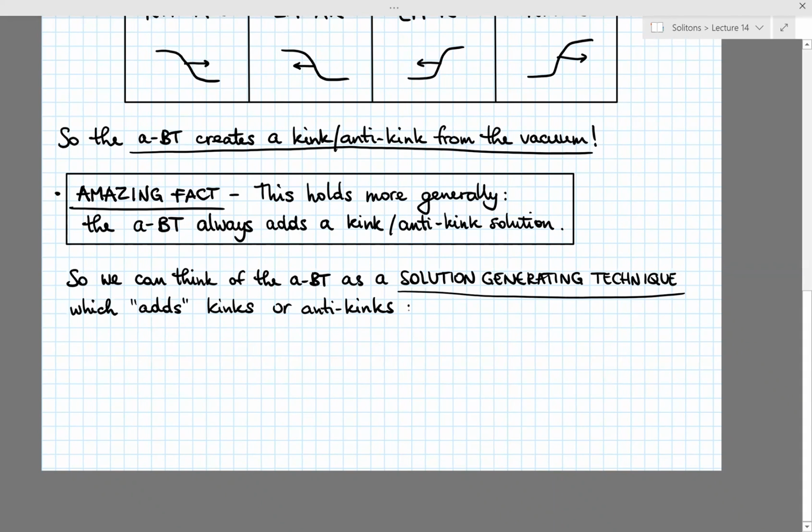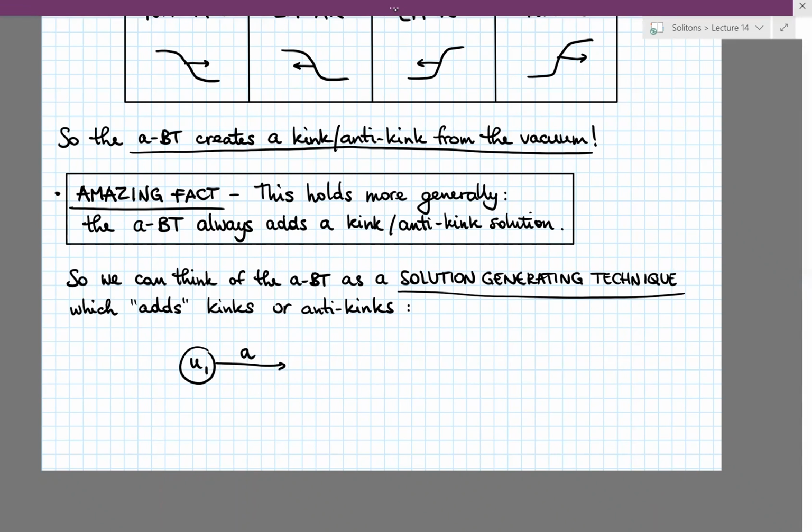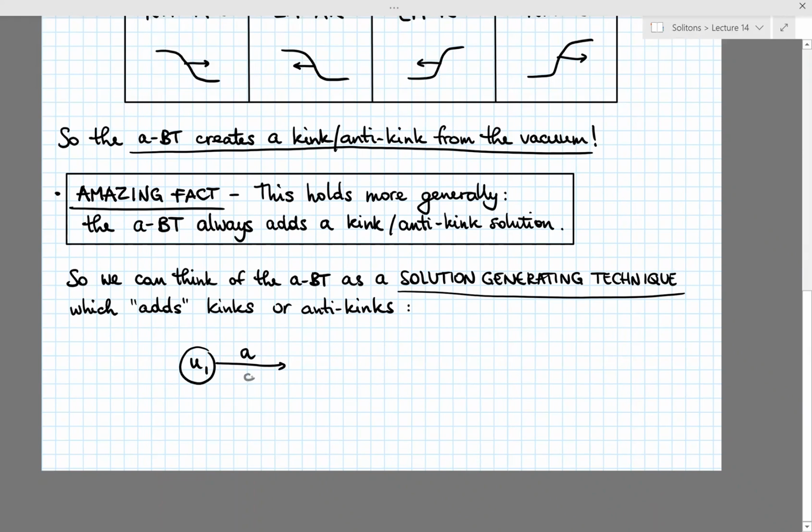And in the following, I'll use the following diagrammatic notation where we start from a seed solution U1, then we apply a Backlund transform with parameter A and say integration constant C. Later on, I will not keep track of the integration constant in the diagram. And what we get is a new solution U2 of the Sine-Gordon equation, which contains an extra kink or anti-kink.